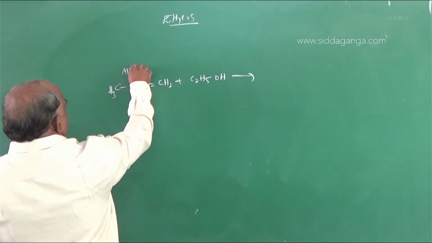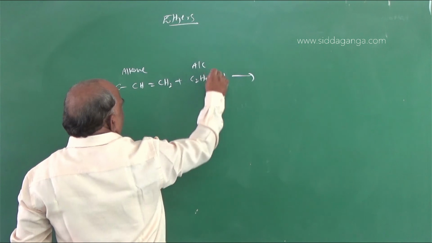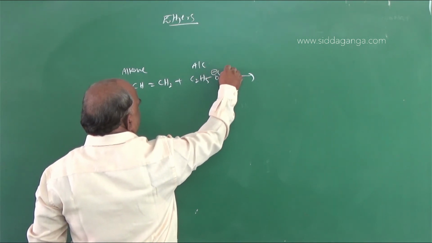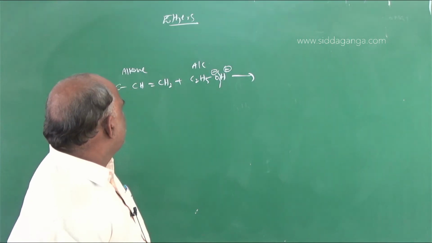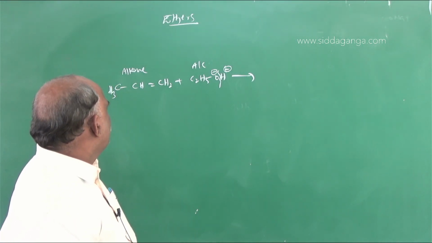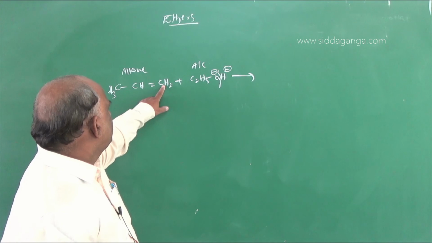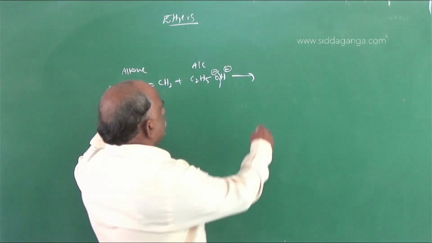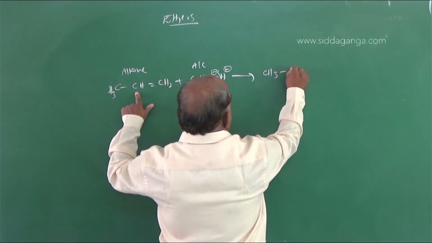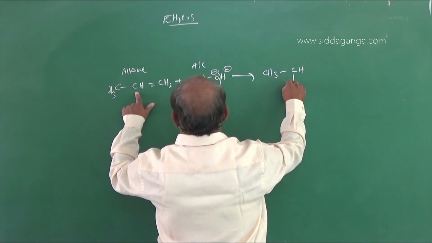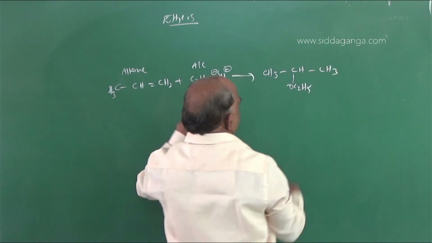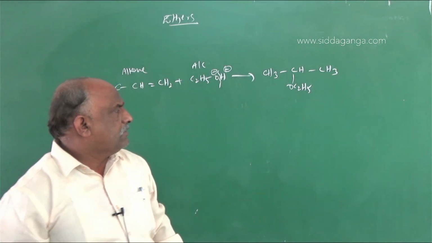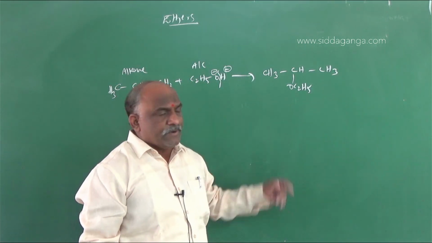Alkene plus alcohol. Here we know one part is C2H5O minus, the second is H plus. According to Markovnikov's rule, H plus goes to this side and C2H5O goes to this side. Then the answer is CH3-CH(OC2H5)-CH3. So this is also one of the preparations of ether.